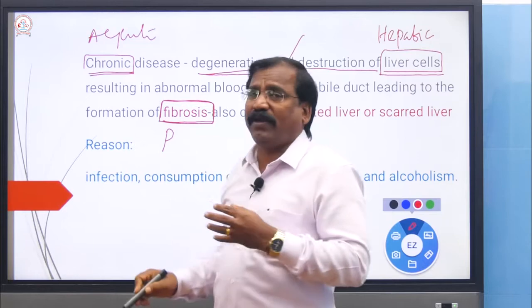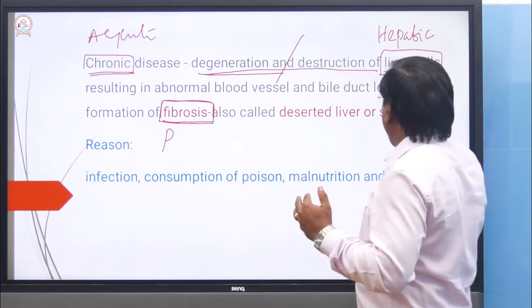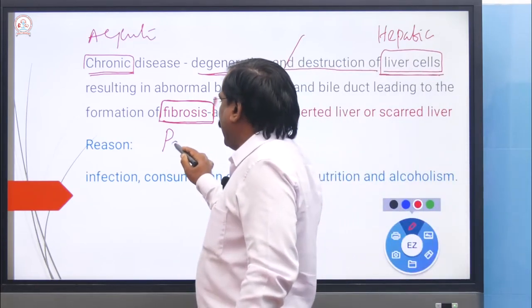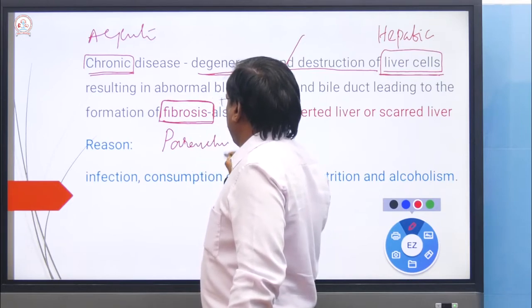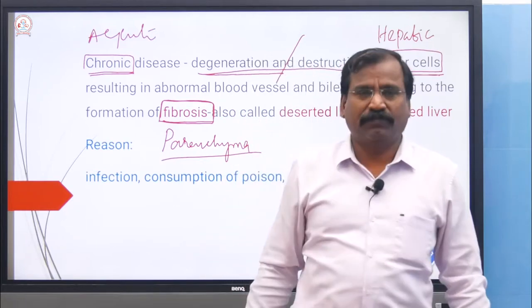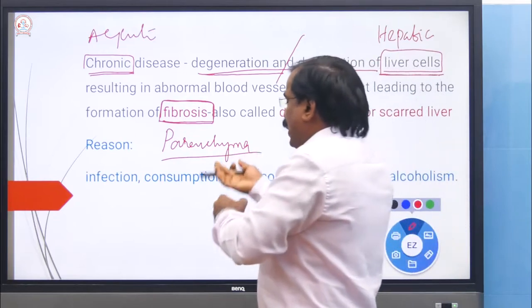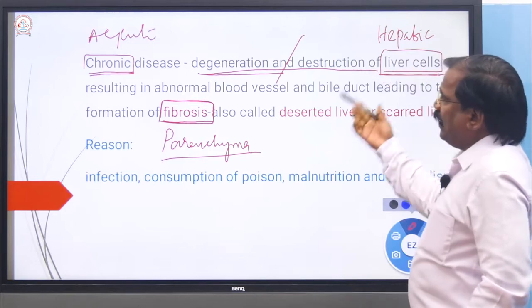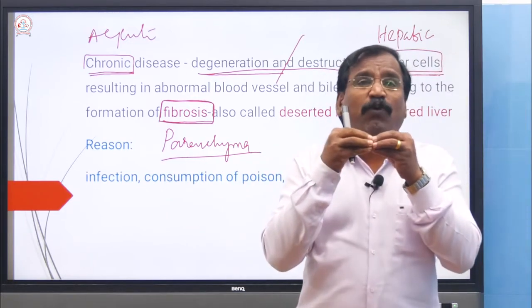Clinically, that condition is called fibrosis. The parenchyma cells are different from the liver cells or hepatic cells.